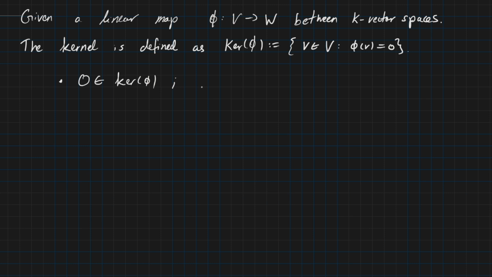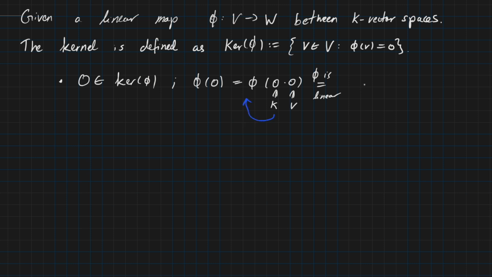So you can see it as follows. Phi of the 0 vector is the same as phi of 0 times 0, where this one is an element of the field K, and this is still the same vector as part of the vector space V. And because phi is linear, and this is very important, you can take out factors.